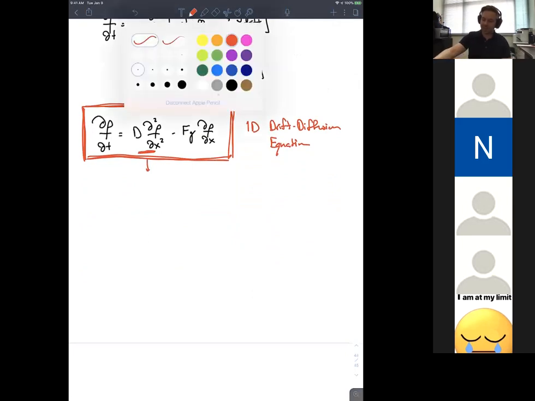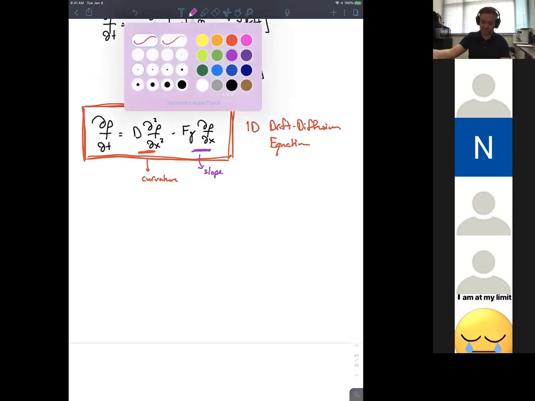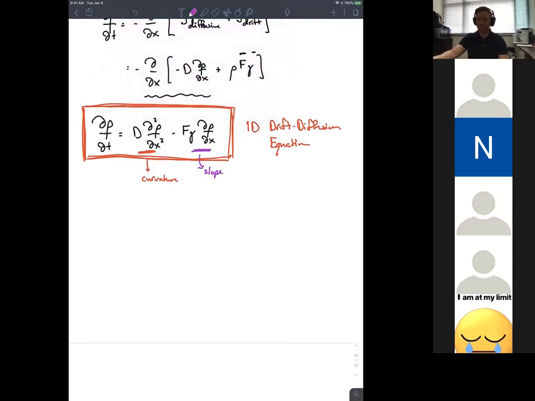Now let's talk about what this new term does. This is the first derivative of the concentration profile with respect to position, so this is related to the slope. This term here is the curvature, and the second term is the slope. So what does that mean?